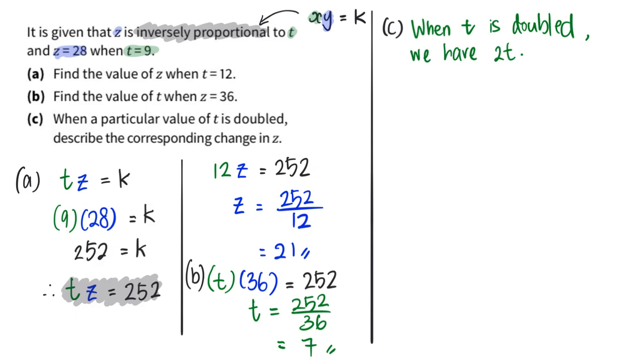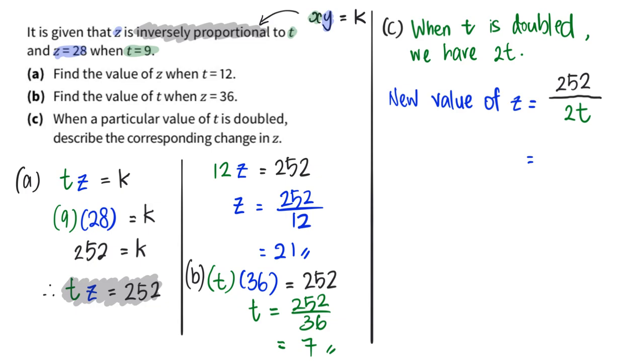And when we have 2 times T, there will be a new value of Z. So do take note, every time we have a Z, how do we find Z? It is always 252 divided by T, right? And in this case here, the T will be 2T.